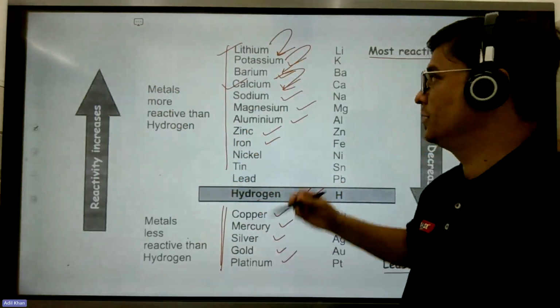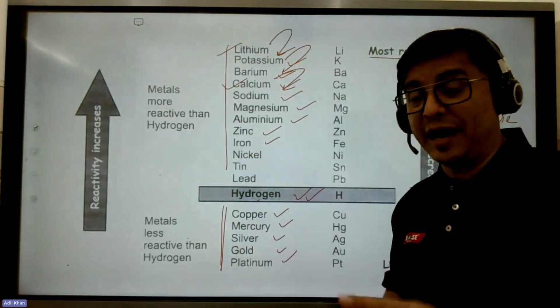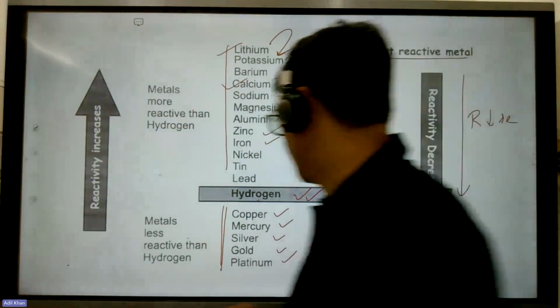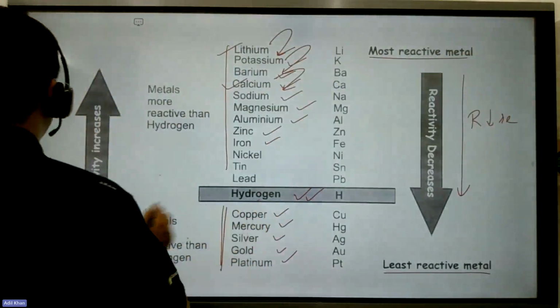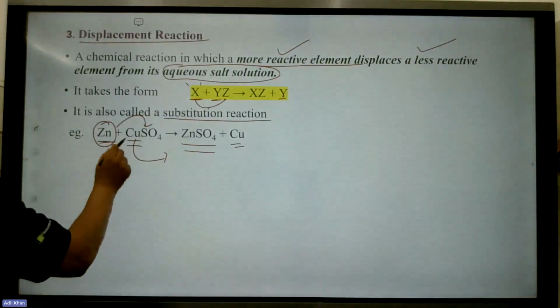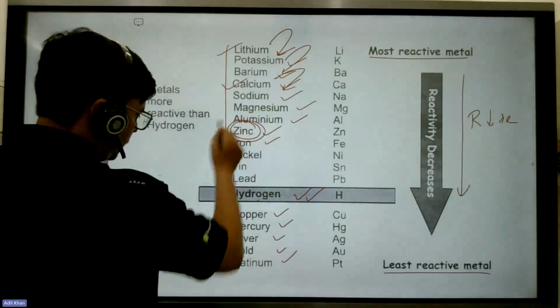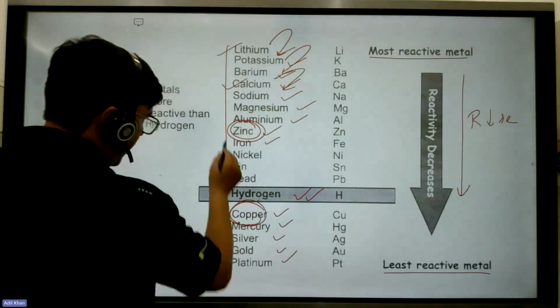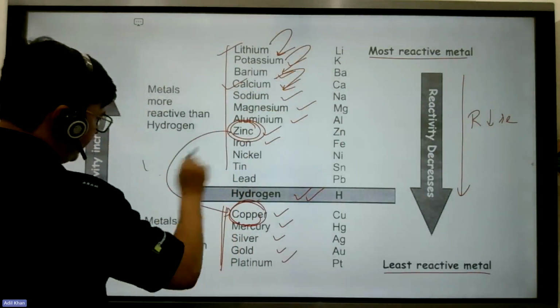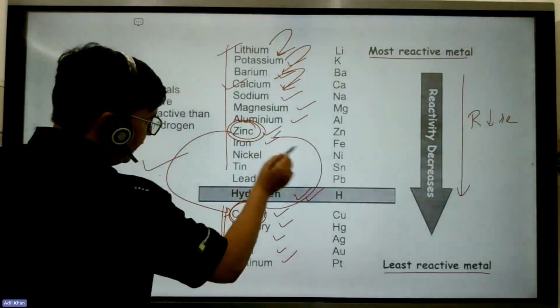In a displacement reaction, the metals which are above can react with the metals which are below. You remember, just now I quoted the example of zinc and copper. Let's see this. My zinc is above, highly reactive, and copper is below. So zinc can react with copper, but can copper react with zinc?